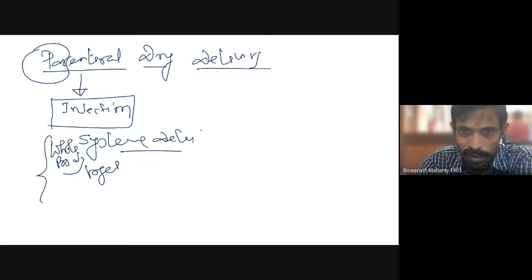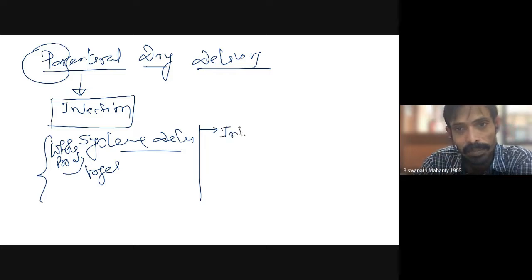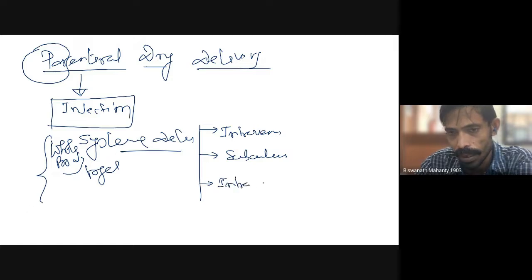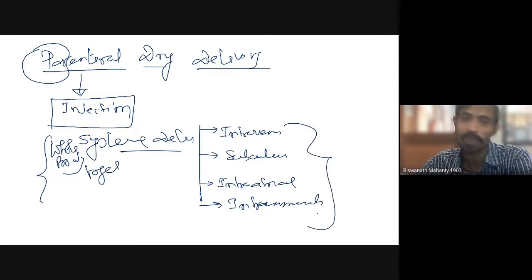Most injections can be given in the vein, so intravenous, subcutaneous, intraarterial, intramuscular. These are the different forms of injections.